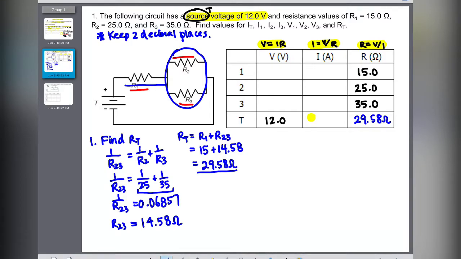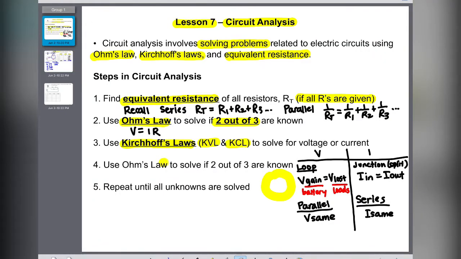So I got the answer of 0.41 amps. You don't have to write the unit; the unit is at the top. So that's the two out of three we were talking about, and you're going to keep revisiting it. We've done the equivalent resistance, step 1, and we've also done the Ohm's law. We will go back to it.